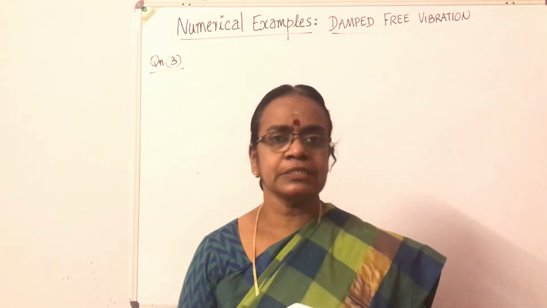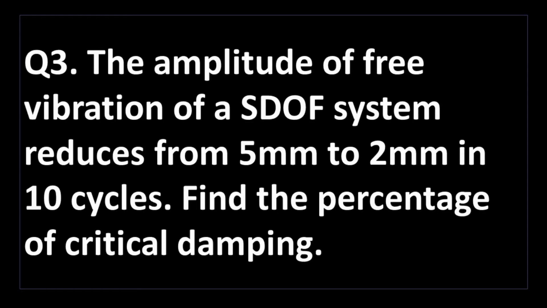We'll pass on to question number 3. The amplitude of free vibration of a single degree of freedom system reduces from 5 millimeter to 2 millimeter in 10 cycles. Find the percentage of critical damping.